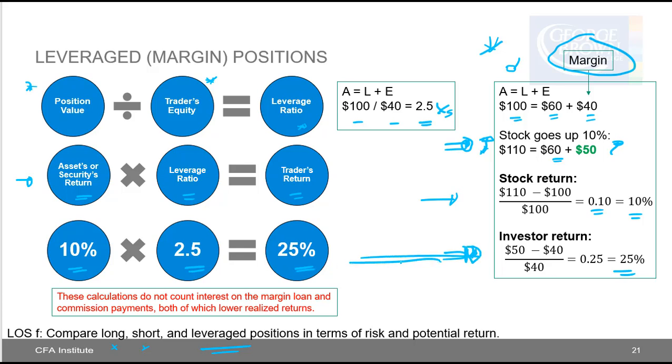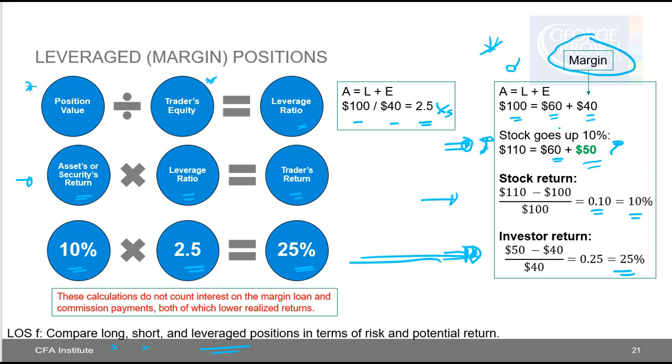So hopefully, if you read through the text for the first time, talking about margin and leverage ratio and trader's return, it can be a little bit confusing, but if you just work through this numerical example, assets equals liabilities plus equity, 100 equals 60 plus 40, 40 is my initial margin, stock goes up 10%, so my equity is now $50, because assets equals liabilities plus equity.